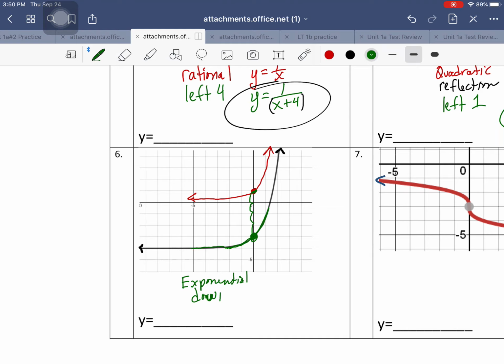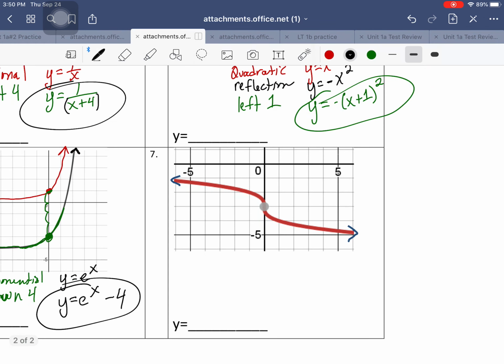So that's going to go down, oh my goodness, down 4. And drawing that graph now, you have an exponential function, y equals a e. You can have 2 there if you want, it doesn't matter. And then down 4, e to the x, and then -4 afterwards.